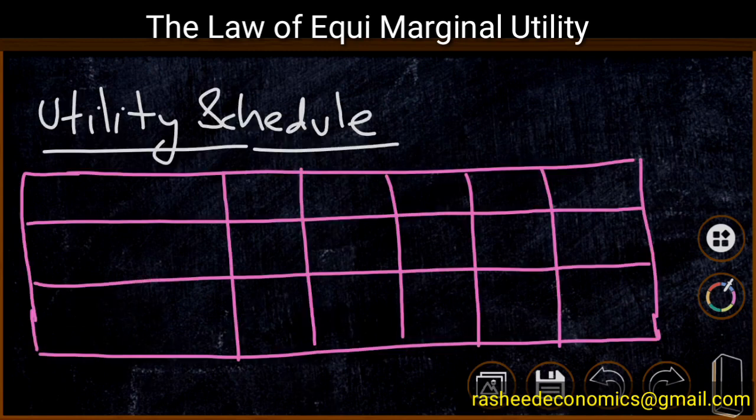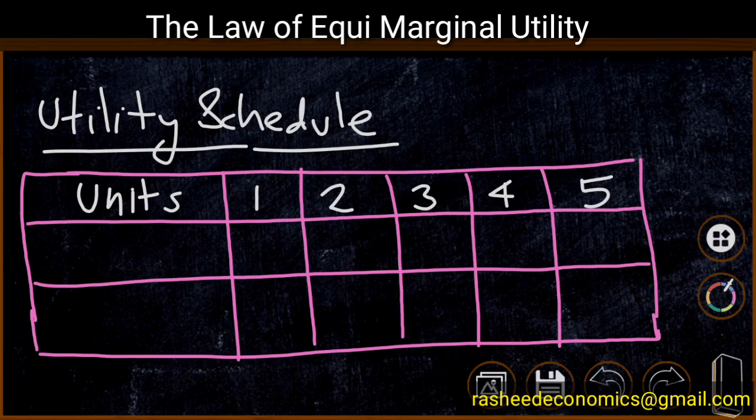Now let us consider a utility schedule to explain the law of equimarginal utility. We have two commodities, commodity X and commodity Y. On the first row we are representing units of the commodity as 1, 2, 3, 4, up to 5. Five units of the two commodities are considered.